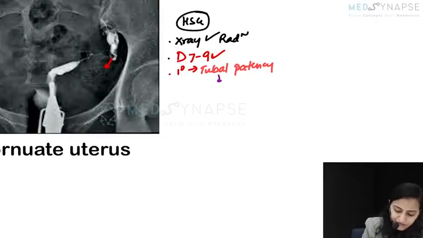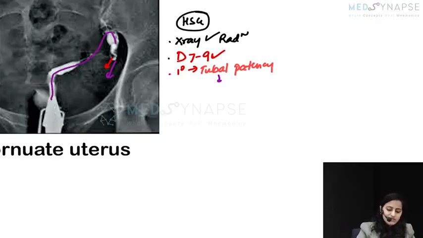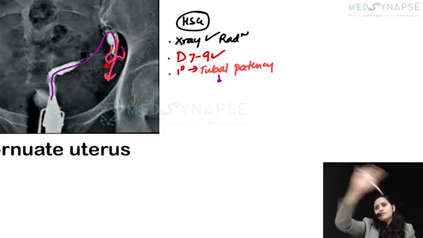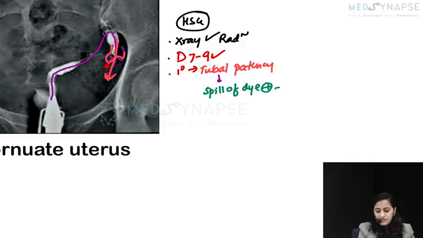We cannulate the cervix, we push the contrast, and we take the X-ray. The dye that we are pushing goes from the cervix into the uterus, into the fallopian tube. And if the tube is patent, the dye will come out. So you will see the spill of the dye. The spill of the dye will be present, which is normal.